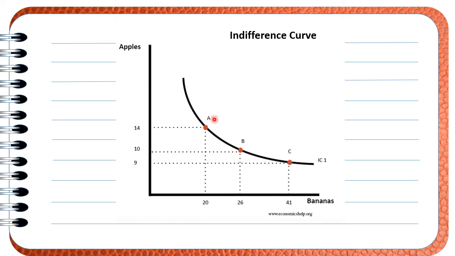In the graph, I will try to explain what the indifference curve tells us. The points on the indifference curve, that is A, B, and C, show different combinations of two goods, that is apples and bananas. So the points on the indifference curve show an equal level of satisfaction. At point A, there are 14 apples and 20 bananas.